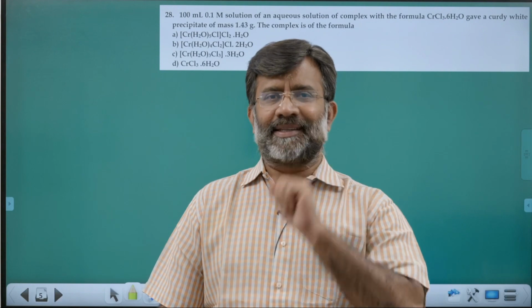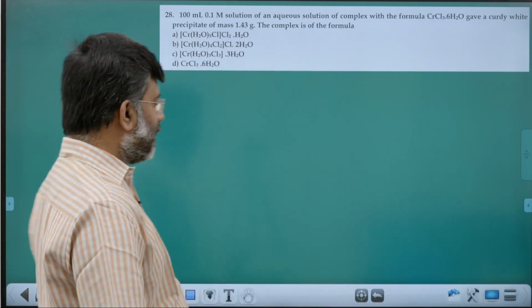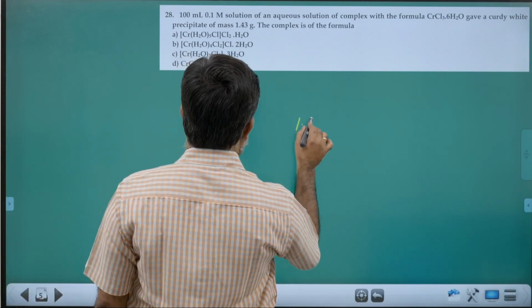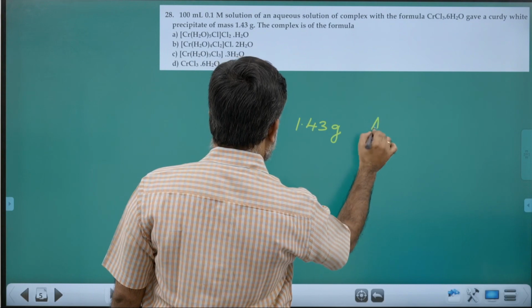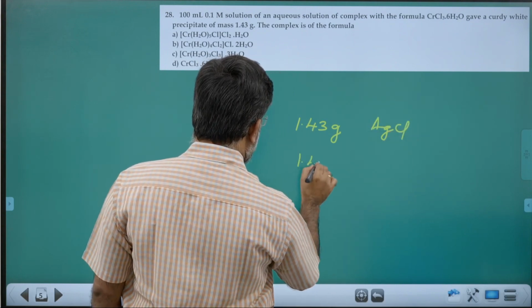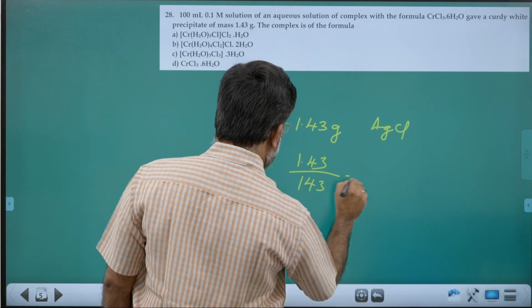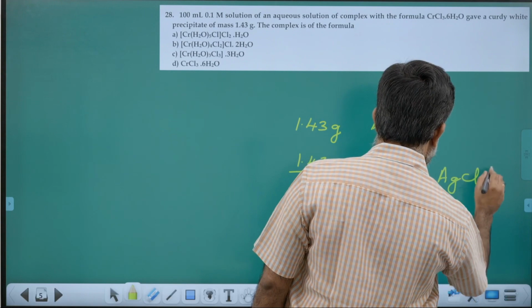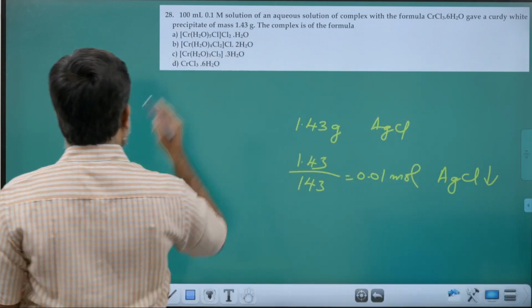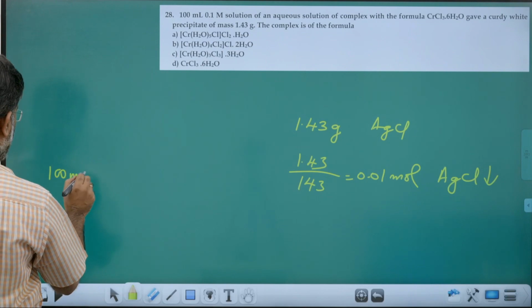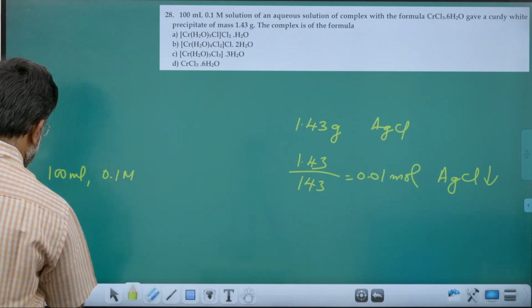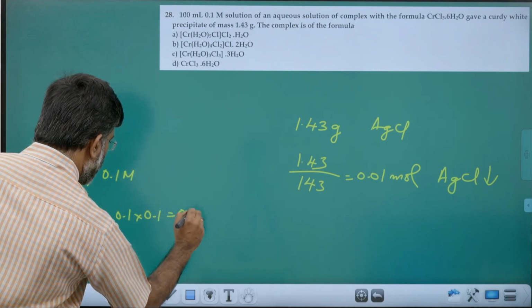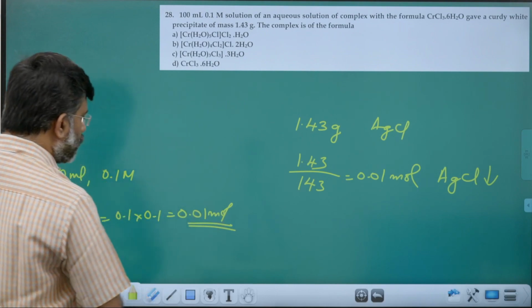It is nothing but AgCl. 1.43 gram AgCl means 1.43 divided by 143, that is 0.01 mole of white precipitate AgCl from 100 ml 0.1 molar solution. 100 ml 0.1 molar means molarity into volume in liters, 0.1 into 0.1, 0.01 mole. So 0.01 mole of complex.